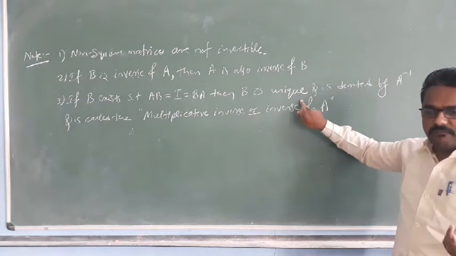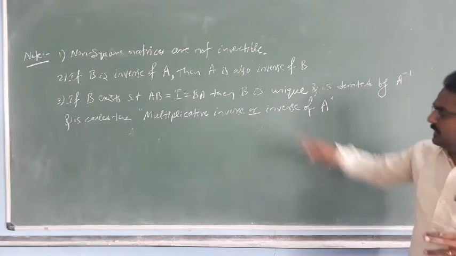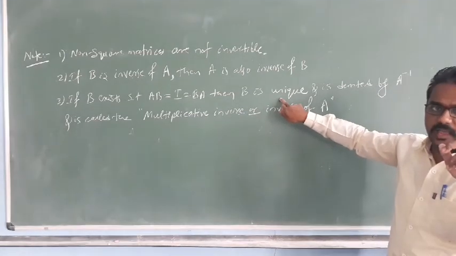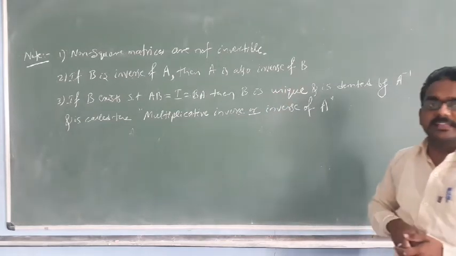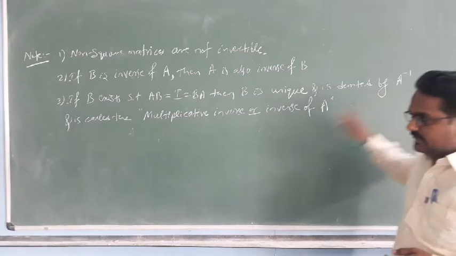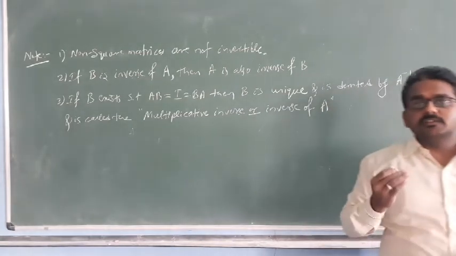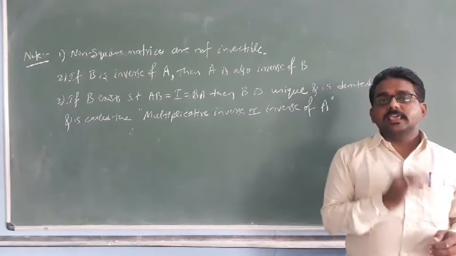There is no other substitute for the matrix B. B is unique, meaning only one such matrix exists for the given matrix A, and it is denoted by A inverse. That is called the multiplicative inverse, or just the inverse, of the given matrix A.